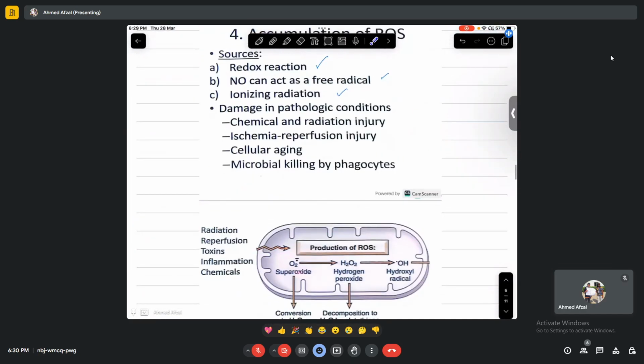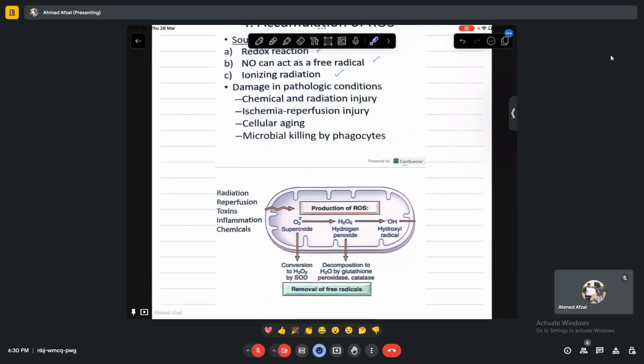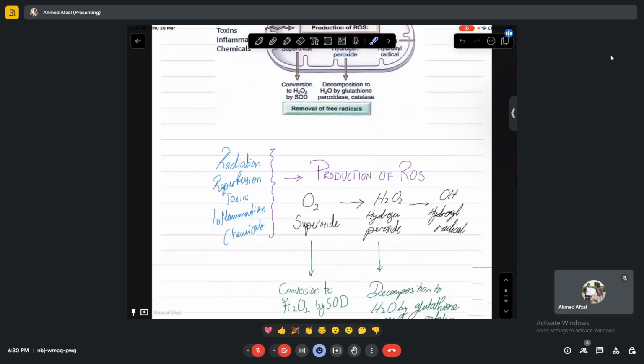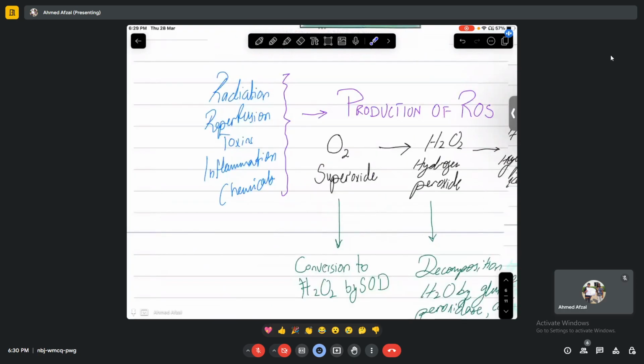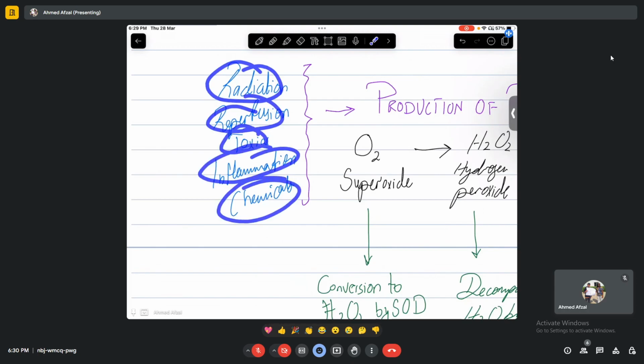That can be asked: what is fatty change and so on. Now, this part again, we are not supposed to understand how this happens. That's the sad part. So just remember that the following reasons, radiation, reperfusion, toxins, inflammation, chemicals, what do they cause?